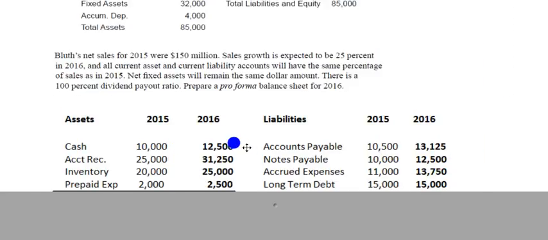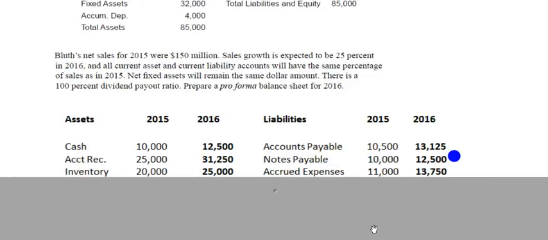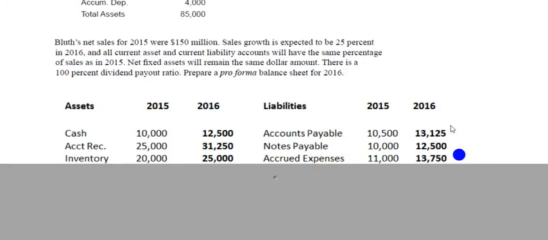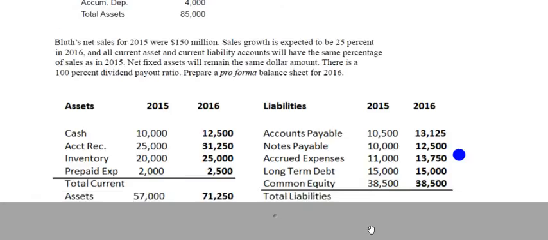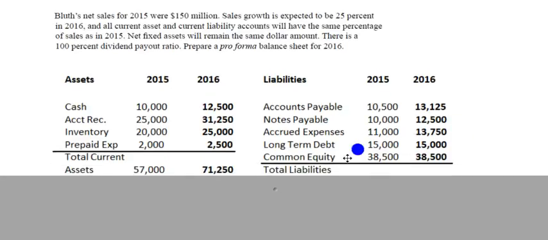And we do that for cash, accounts receivable, inventory, and prepaid expenses, and we do the same thing for our current liabilities, which are accounts payable, notes payable, and accrued expenses. And so we come up with our new figures for 2016, and we scroll down, and we get our totals here for total current assets right here.